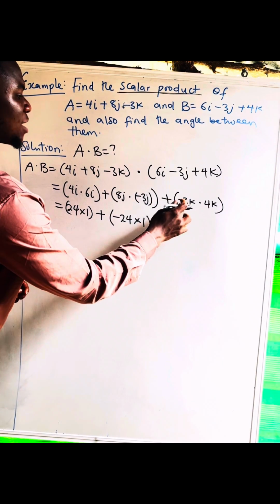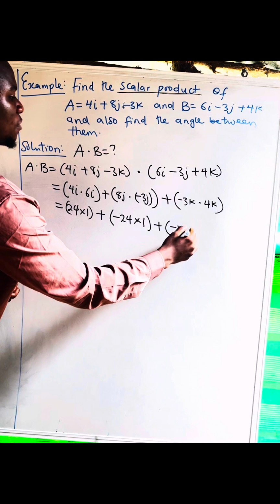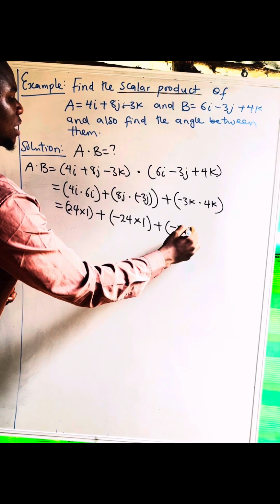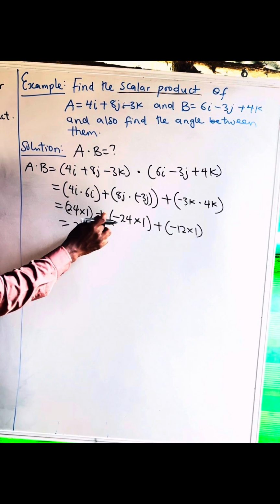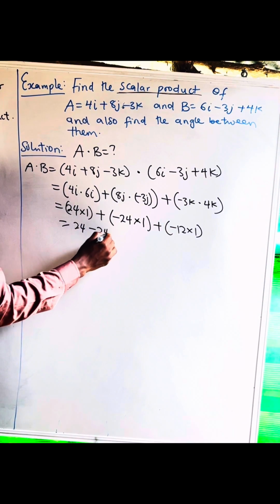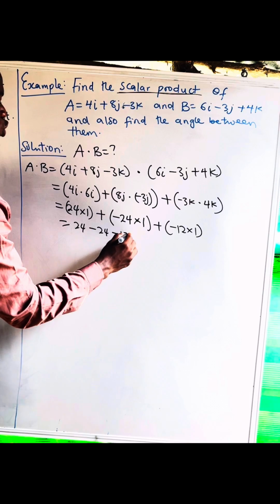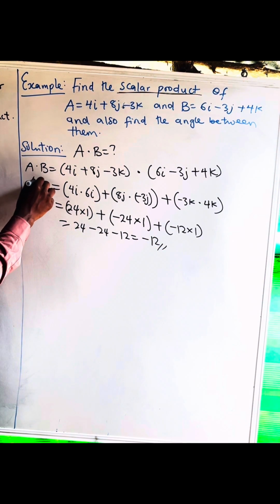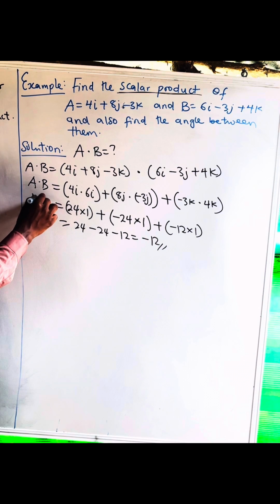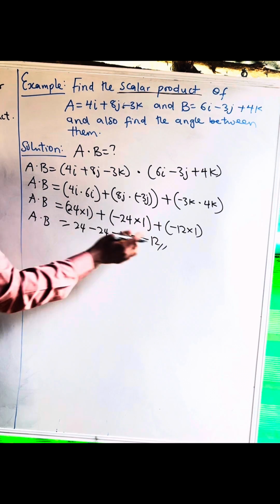Plus minus 3 times 4, which is minus 12. k dot k is also 1. So the final answer will be written as 24, plus times minus, minus 24, plus times minus, minus 12. And this gives us minus 12. This simply means that our A dot B is equal to minus 12.